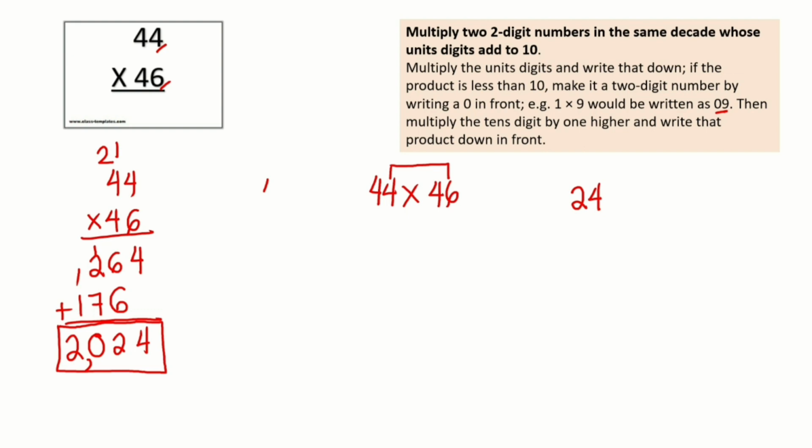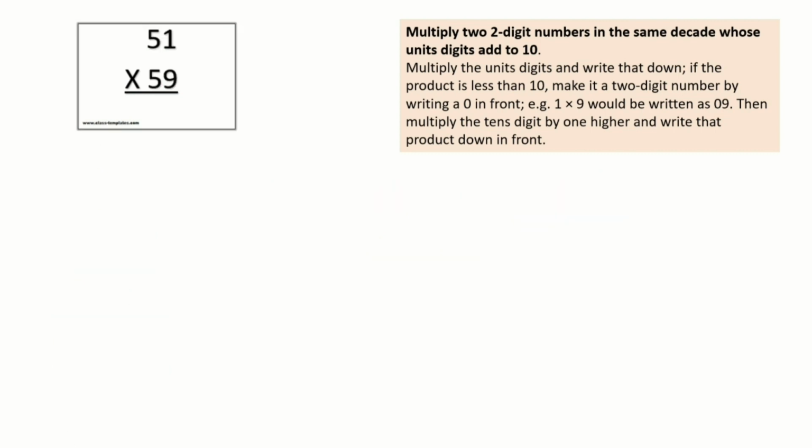So what is the number one higher than 4? So that's 5. So 4 times 5, the answer is 20. So we will just write it in front again. So that's our answer, 2024.